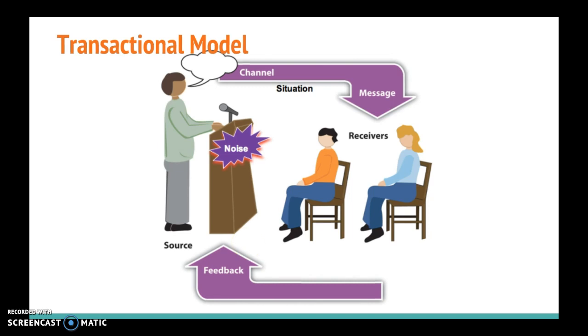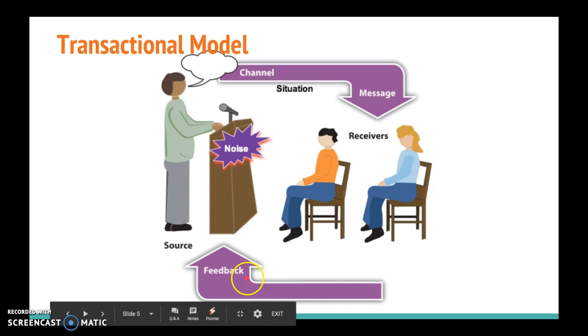As the teacher is lecturing, you are nodding your head to demonstrate that you understand what the teacher is talking about. Or you're furrowing your eyebrow and you have a confused look on your face. That message communicates that you don't understand what just happened, and maybe the teacher needs to explain further. So these are all different types of feedback that we can send to a source.